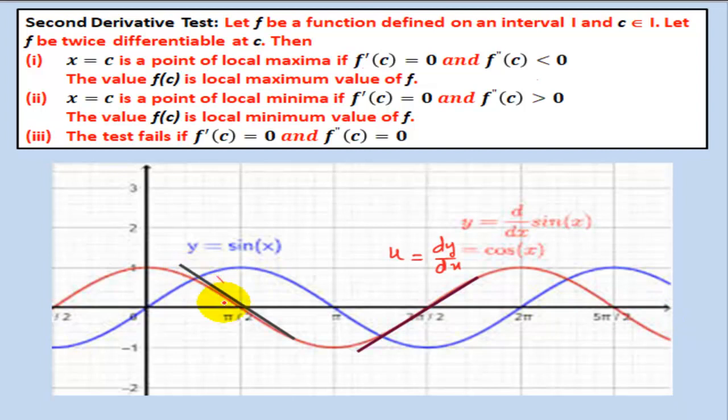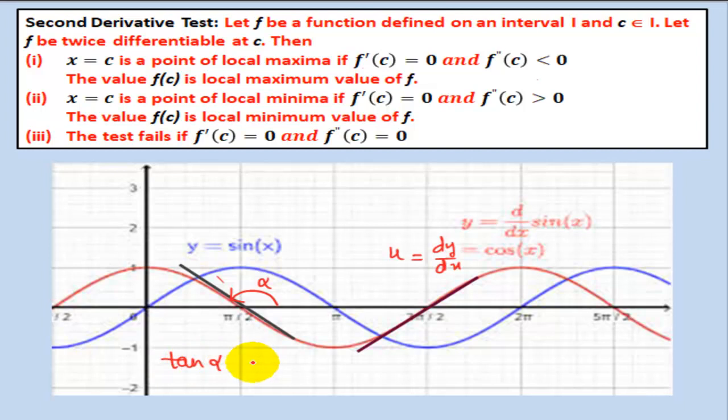So at these points where cos x is becoming 0, if we draw a tangent, like you can see at 2 points the tangents are drawn. If you see the tangent at pi by 2, it is inclined at an obtuse angle with the positive x-axis. So what about its slope?